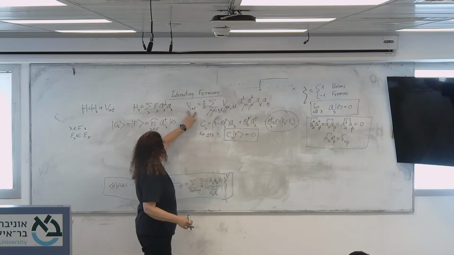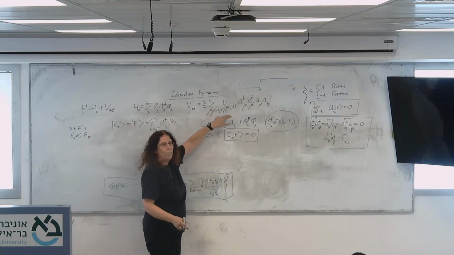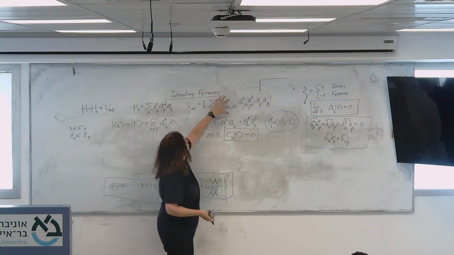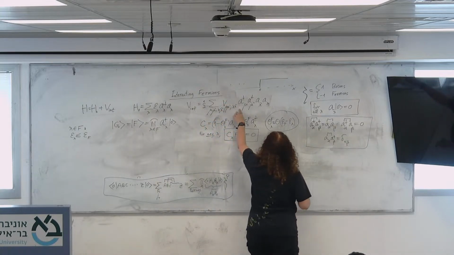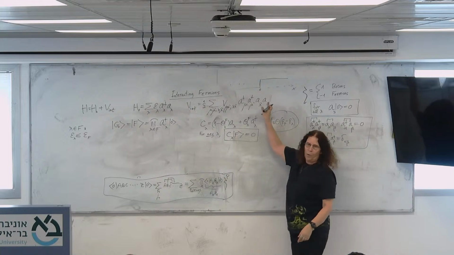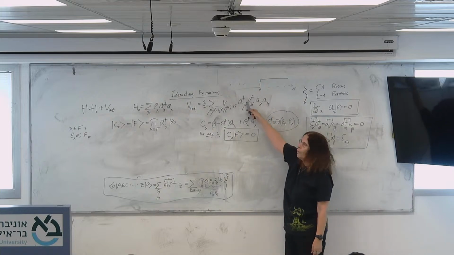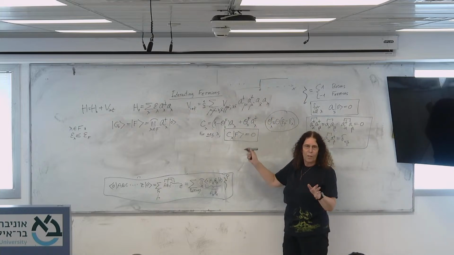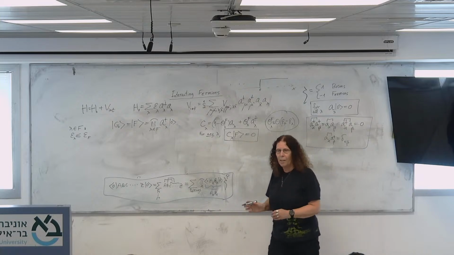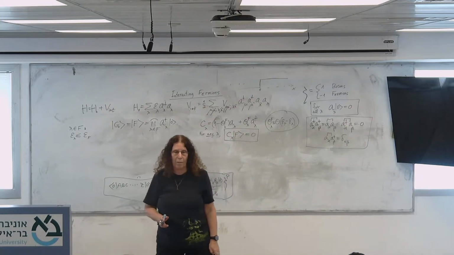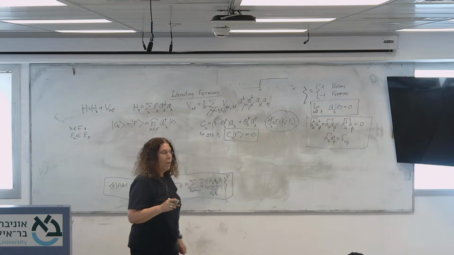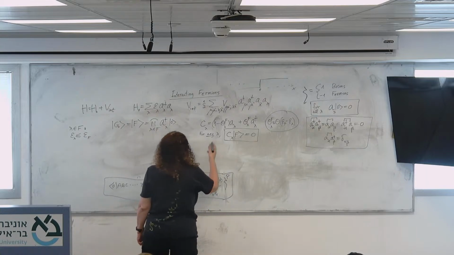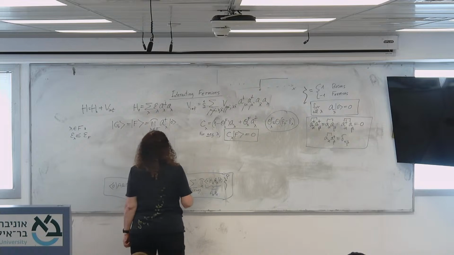So notice the V int is a sum over many, many terms. This is just a number, a matrix element. And each term has 4 operators, and notice there are 2 creation and 2 annihilation. So this is something that in principle can have a vacuum expectation value, according to Wick's theorem, right? But let's see what it gives.